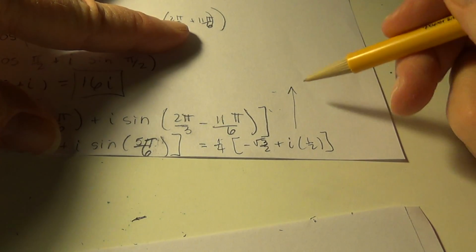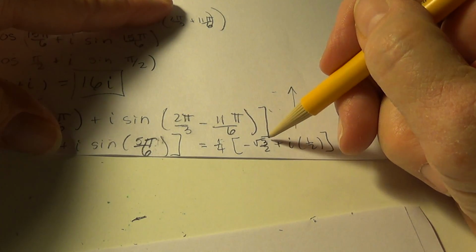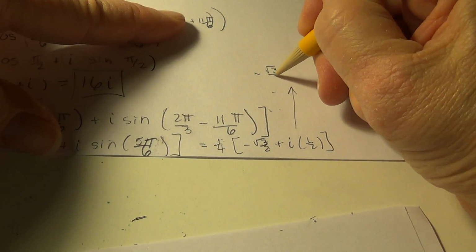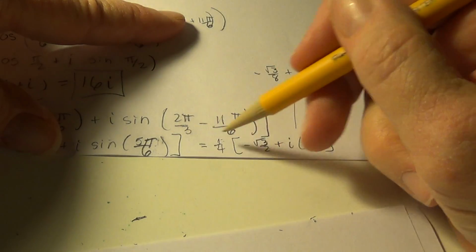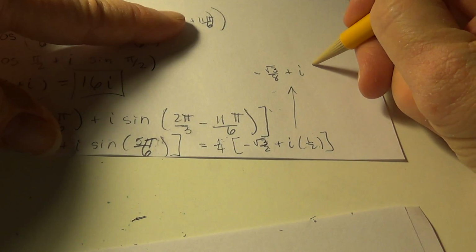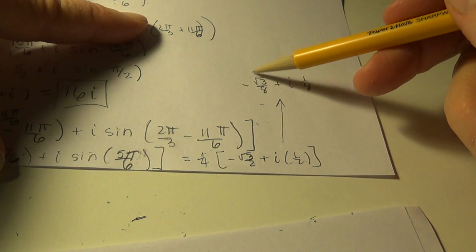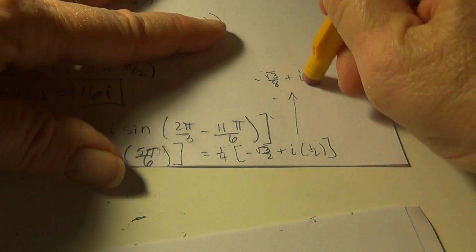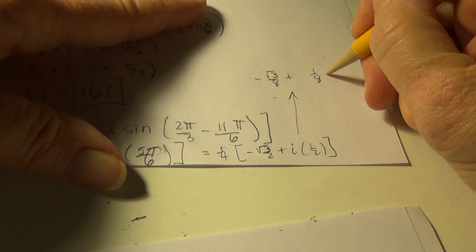Let me just put it up here, kind of ran out of room. 1/4 times negative square root of 3 over 2 is negative square root of 3 over 8 plus I. And 1/4 times 1/2 is 1/8. All right, so here we have our answer, negative square root of 3 over 8 plus 1/8 I. I'll put the I on the other side to be conventional.